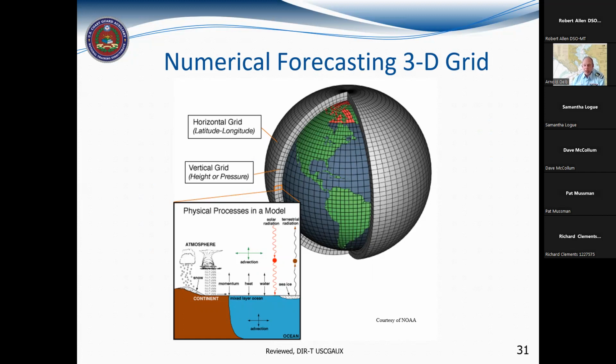And then within each of these, there's a model that's based on various physical processes that include assumptions about precipitation, whether it be snow or rain, momentum or movement, heat transfer, advection, water vapor, sea ice, effects of solar radiation, and so forth.